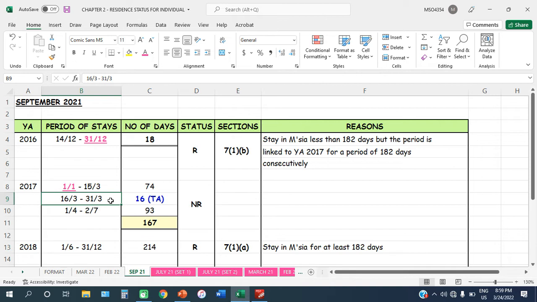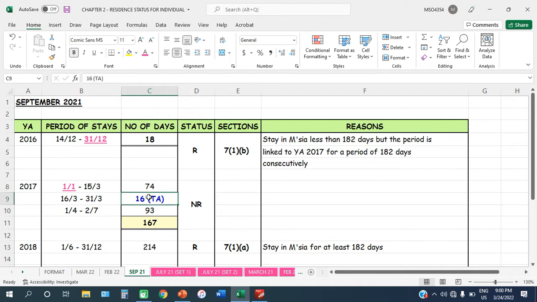So guys, what is the function of TA? Even though he is absent from Malaysia, when we calculate Section 7, Section 1B, we assume he was in Malaysia. So we can total up these two. Even though you are not in Malaysia, we consider you as being in Malaysia in order to get 182 days consecutively.